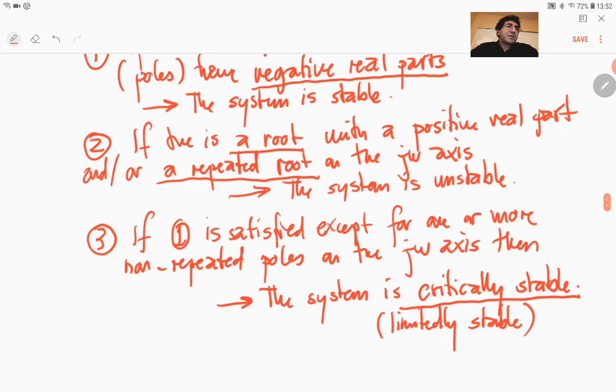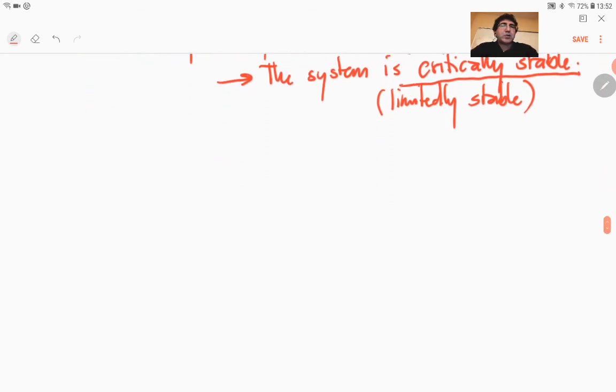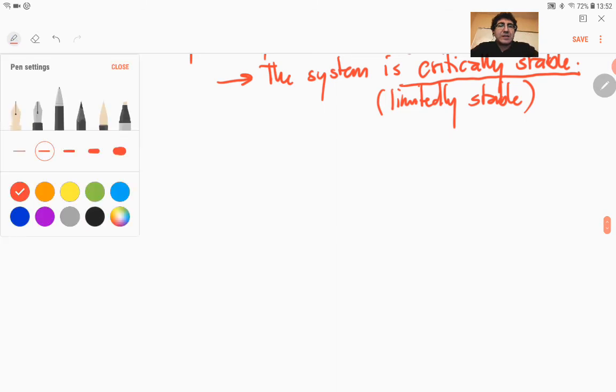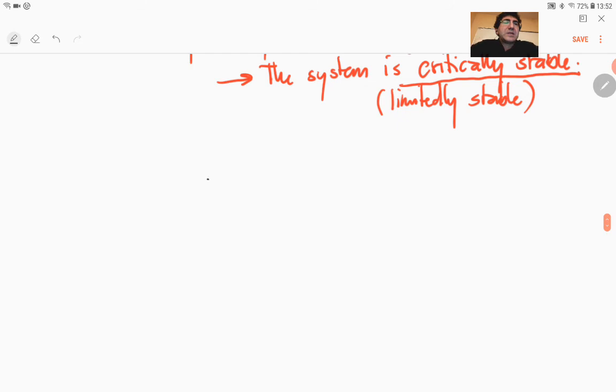Now, obviously, we know how to analyze first order systems and we know how to analyze second order systems. But if you have a system with a large number of poles, now what we are saying is that we can analyze its stability by looking at the closed loop poles, the roots of the characteristic equation.